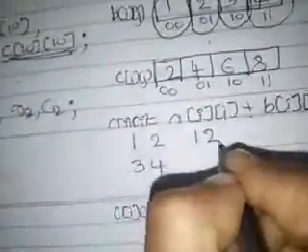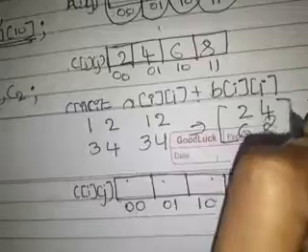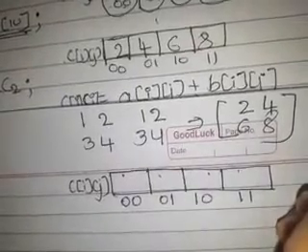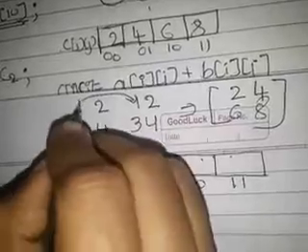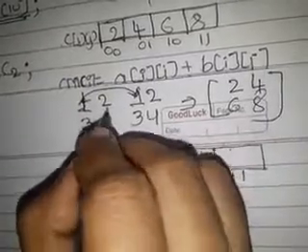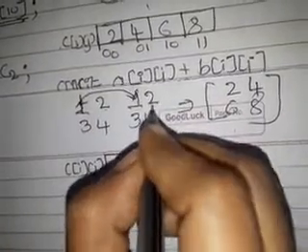We know that the elements of the first matrix are 1, 2, 3, 4 and the second matrix is 1, 2, 3, 4. Definitely I should get the resultant matrix as 2, 4, 6, 8. How to do that? Just in the beginning of the program itself I have told you. Add the first element of the first matrix with the first element of the second matrix, the second element of the first matrix with the second element of the second matrix, and so on.